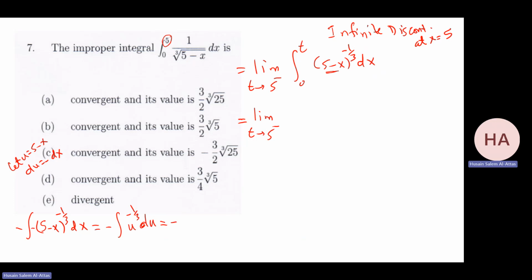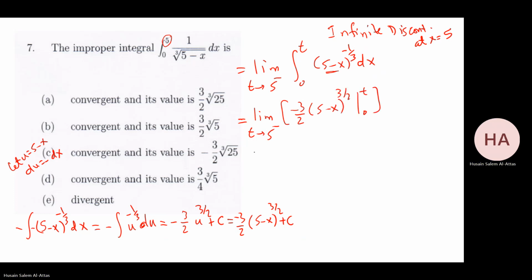Add 1 to the exponent, that will be 2 over 3. So it's minus 3 over 2 times u to the power 3 over 2 plus c. That gives me minus 3 over 2 times (5 minus x) to the power 3 over 2 plus c. So this is the integral. I'll write it here: minus 3 over 2 times (5 minus x) to the power 3 over 2, from 0 to t.